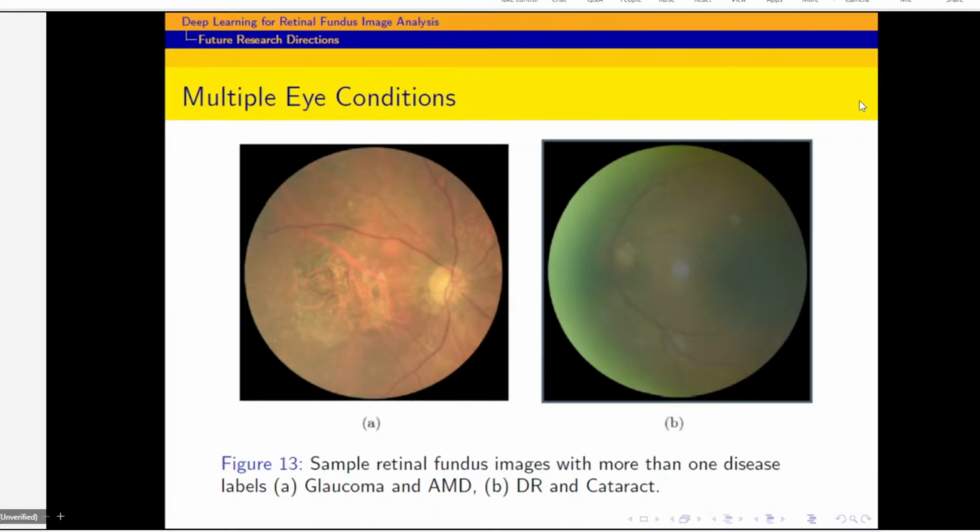So what is the traditional way to solve this problem? You will pass this image to the DR based model which you have developed. It will tell us whether it is DR or not. Then you pass this image to another model which is dedicatedly designed for cataract, and it will tell us whether it is cataract.